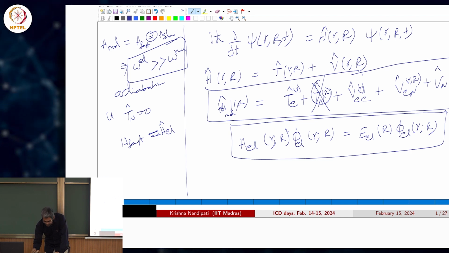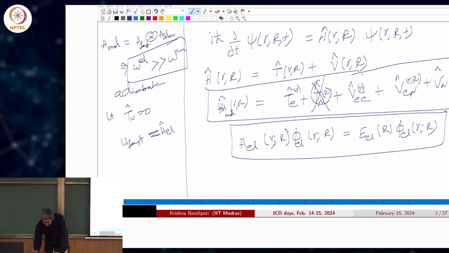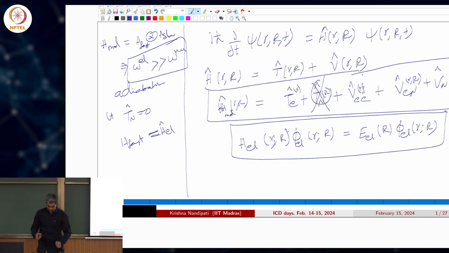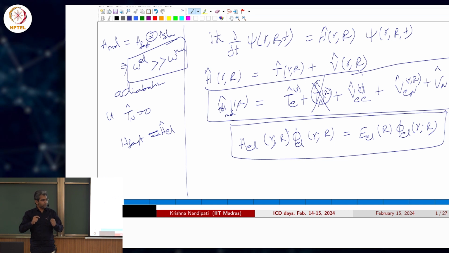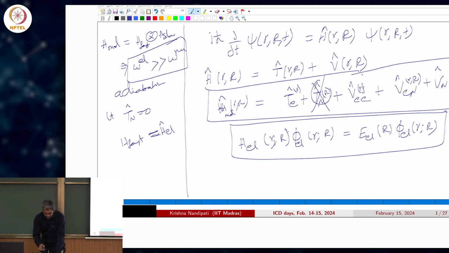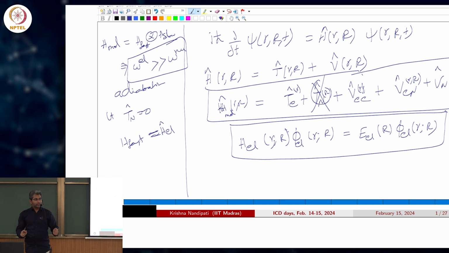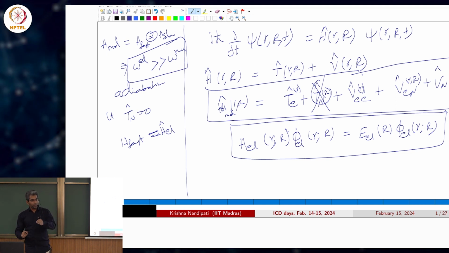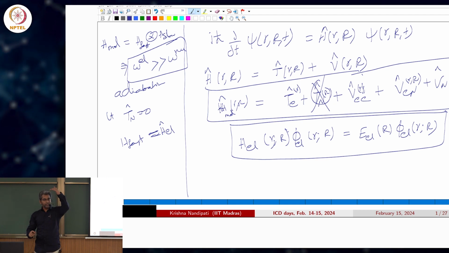This is the job of quantum chemistry packages. For a given nuclear distance, they provide you the energy points, and if you scan along R, you get a set of points for each electronic state.